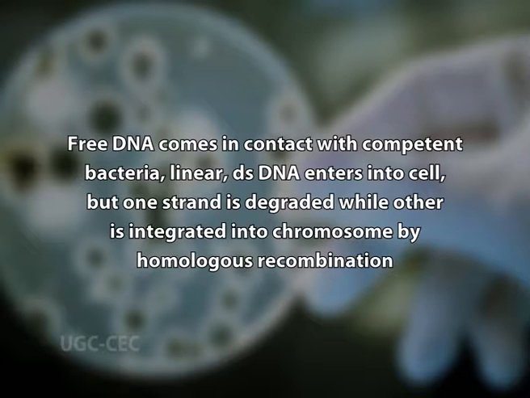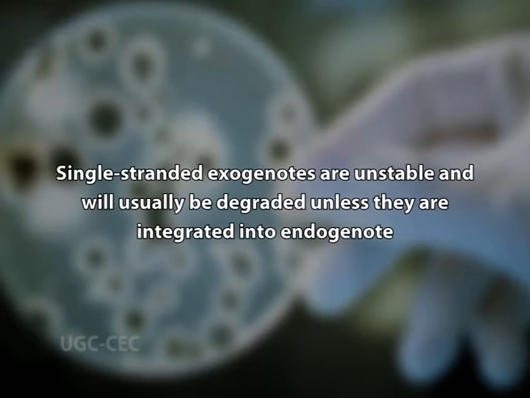Once the free DNA comes in contact with a competent bacterium, linear double-stranded DNA enters the cell, but one strand is degraded while the other is integrated into the chromosome by homologous recombination. Recipient cells that undergo this process and acquire a new phenotype as a result are said to be transformed.